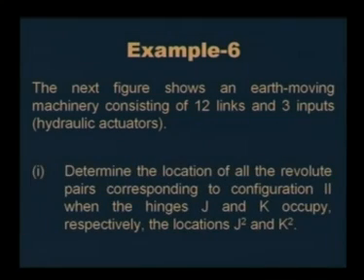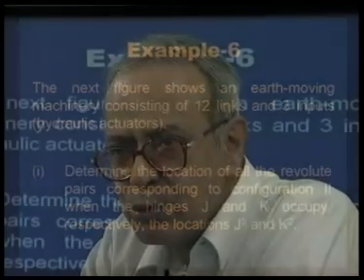And statement of the problem was, determine the location of all the moving revolute pairs corresponding to configuration 2 when the hinges J and K occupy respectively the locations J2 and K2. I can extend this problem for you to have some practice, which are a little tougher.